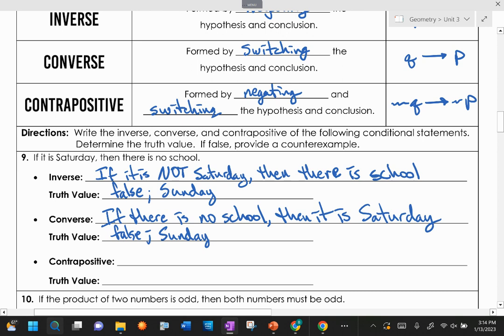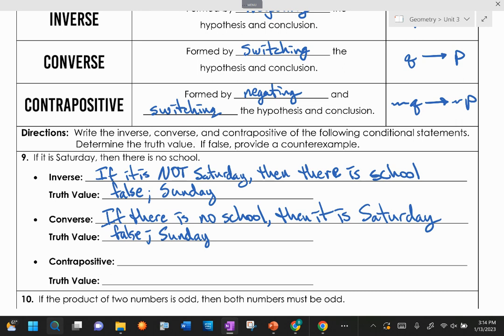So the contrapositive is making it "if not Q, then not P", switching and negating. Man, lots of Q's and P's floating out of my mouth.